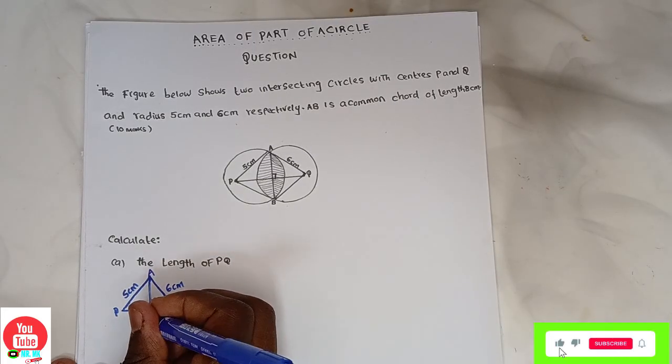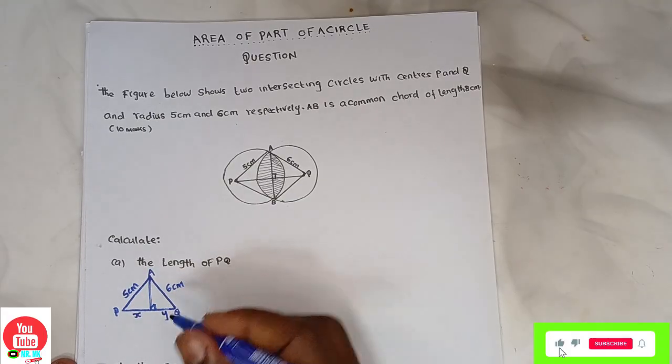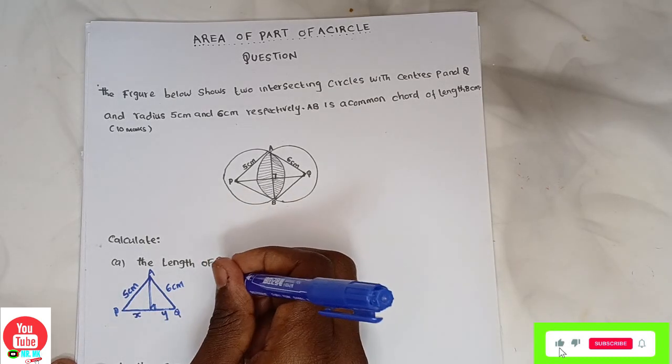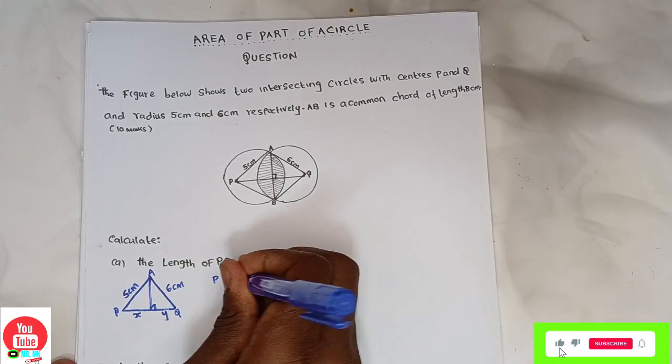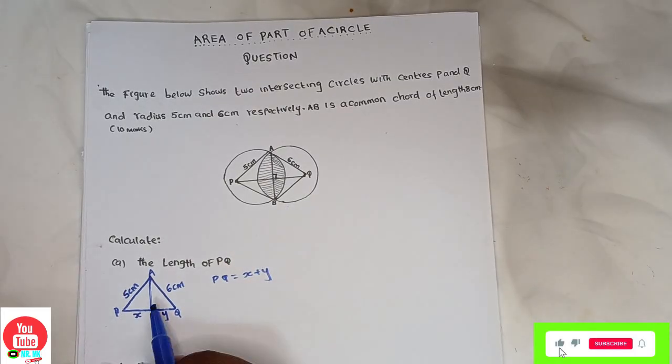For that case, let's say P's part is X and Q's part is Y. Now how do you get the length of PQ? The length of PQ is X plus Y. Wherever you get it here, you add it.